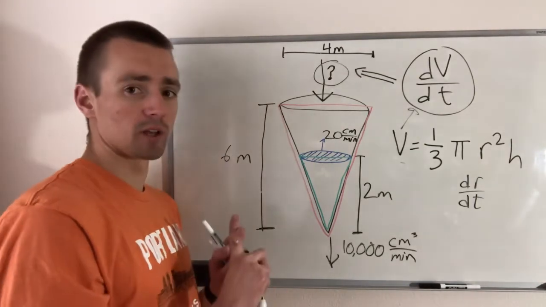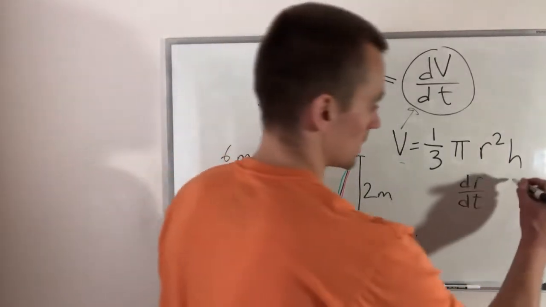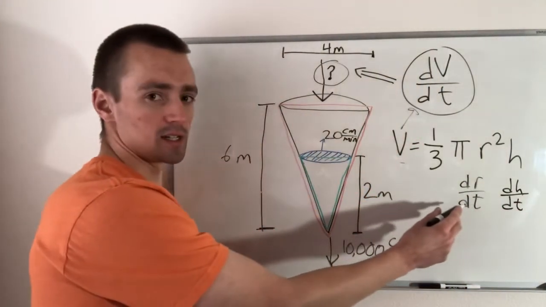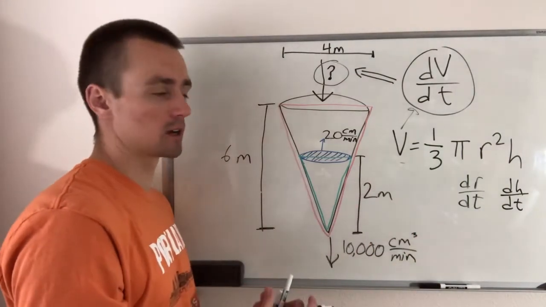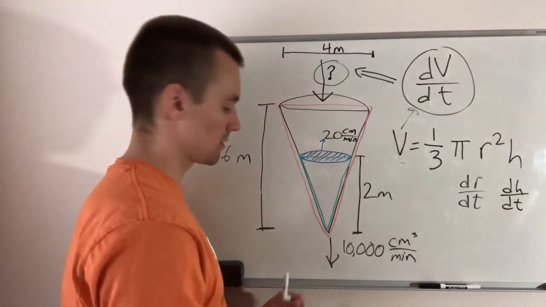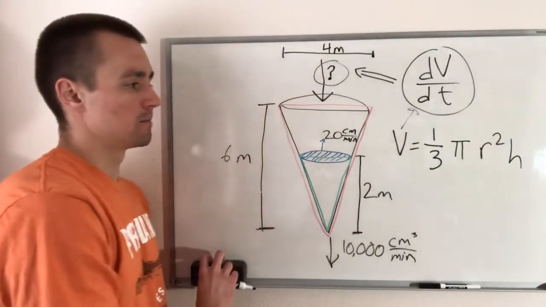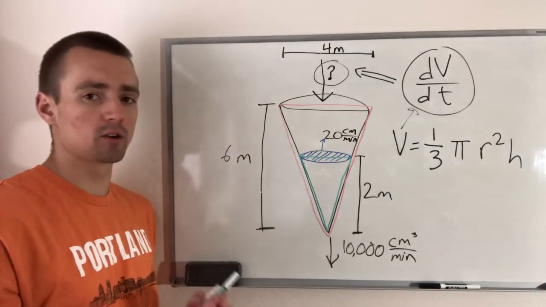The reason for that is we can write r in terms of h, because we do know dh/dt. So if we get some dh/dt's in our equation, we will actually know how to deal with those. That is the way that I would recommend doing this. Remember, this all goes back to the fact that we know how to deal with dh/dt.